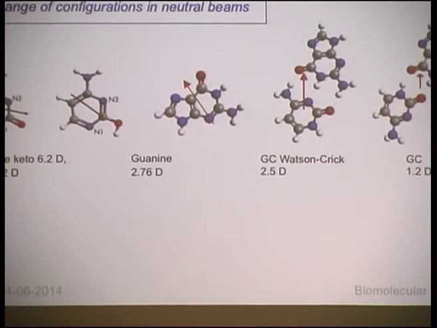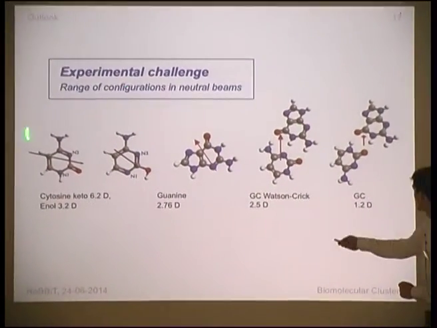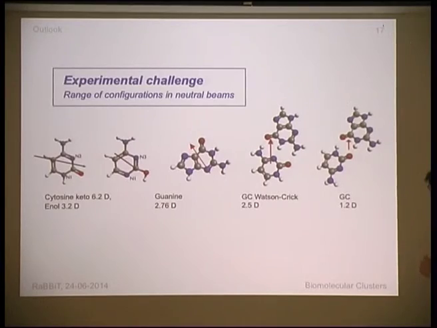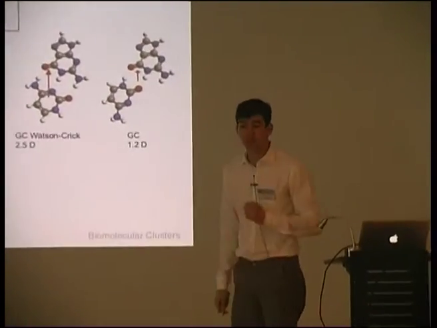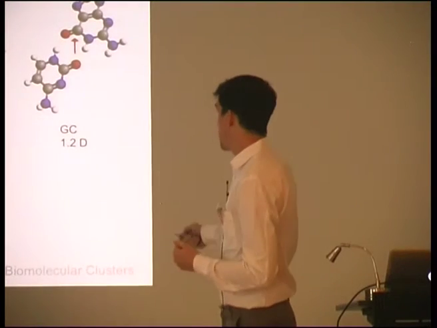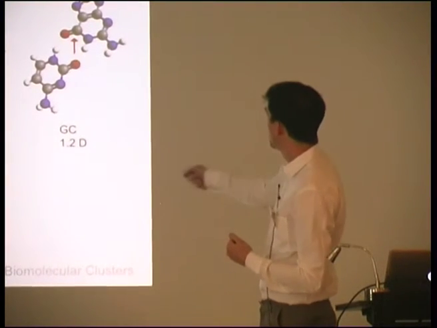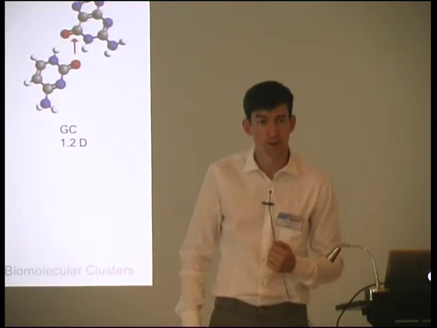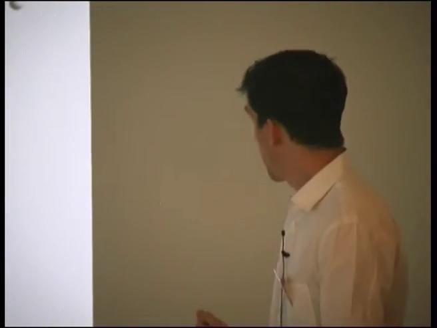And what we're trying to do now is get real control over our targets. The tool we're trying to use for that is to exploit differences in dipole moment over mass ratios. This shows an example: if you wanted to study a natural target, it would be a Watson-Crick pair of guanine and cytosine.